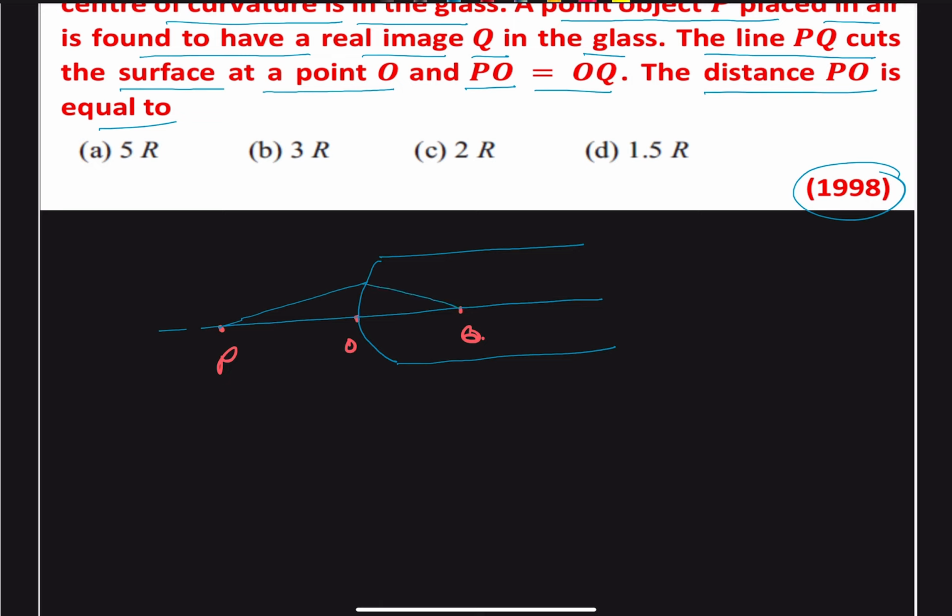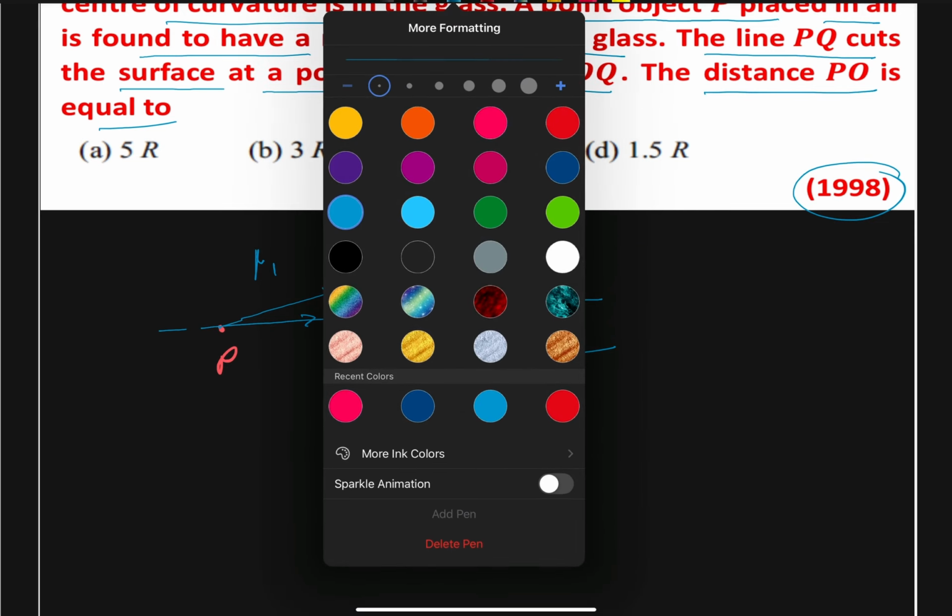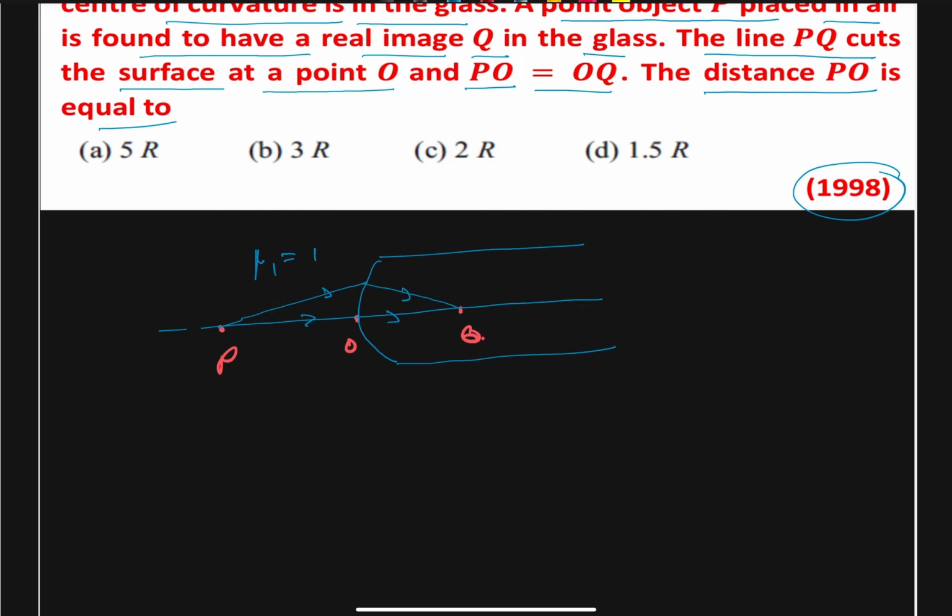It will be coming like this. So the refractive index, let us suppose this is air, is given as 1, and we have glass with refractive index 1.5, and we are given that our PO is equal to our OQ.